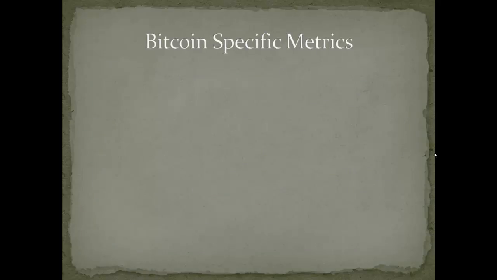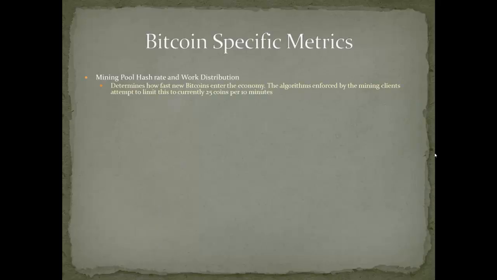Okay, so let's discuss some Bitcoin-specific metrics. The first metric is the mining pool hash rate and work distribution. So we're going to discuss this in great detail in the mining lecture, but for the time being, let me just tell you that new Bitcoins enter the economy at a rate of about 25 coins every 10 minutes. And the algorithms try as hard as they can to ensure that this is the case. It's very complex how this is done.